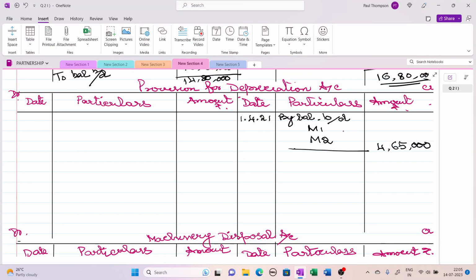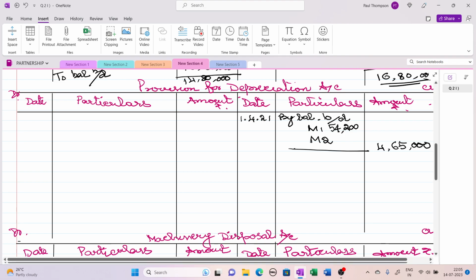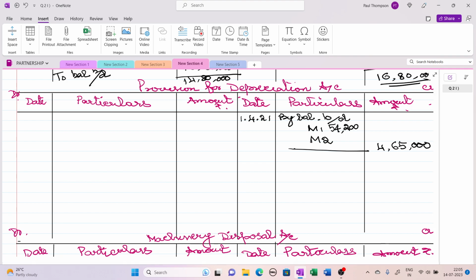Now the breakup is here: 54,200 is 20,000, 18,000, and then 16,200 up to that date. The total depreciation is 4,65,000. So for M1 it is 54,200. Then what is the balance? That is for your M2, 4,65,000 minus 54,200.